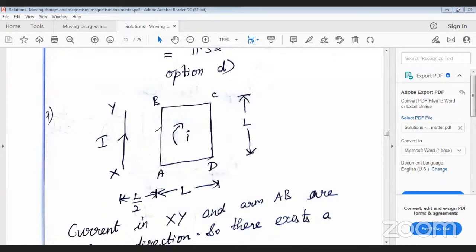On this arm AB, it is in this direction. On arm BC, it is in this direction. On arm CD, it is in this direction, and on arm DA, the current is in this direction. You can see arm AB and arm CD are in opposite directions.